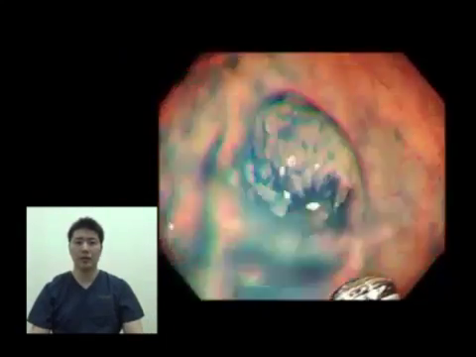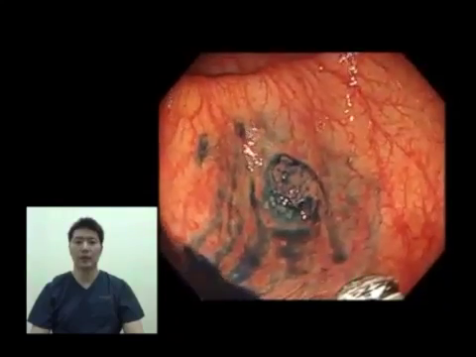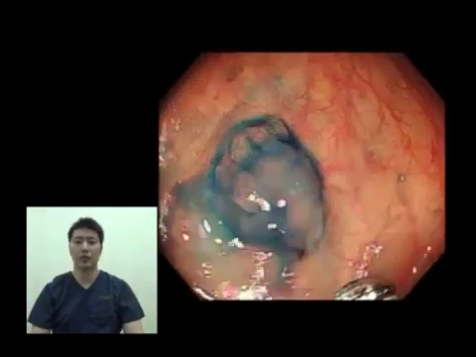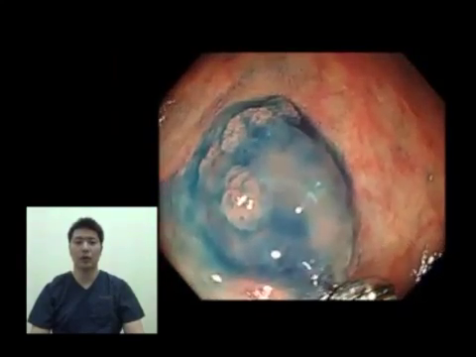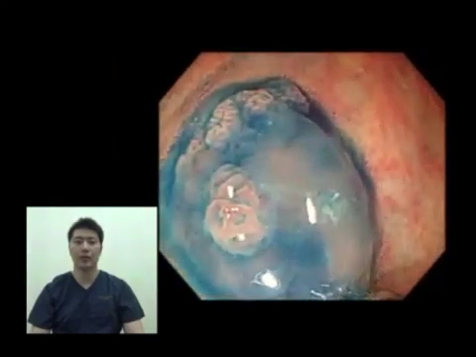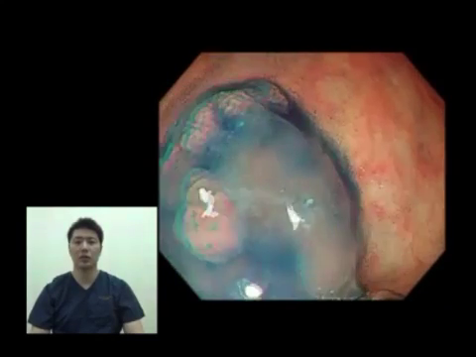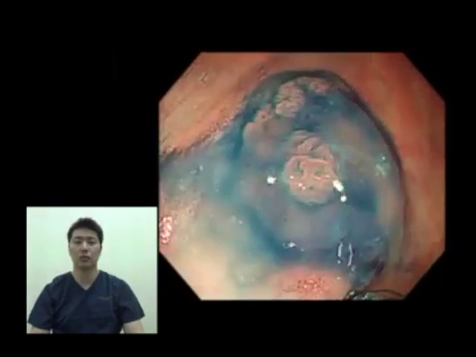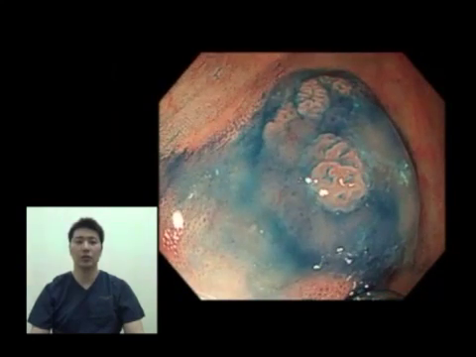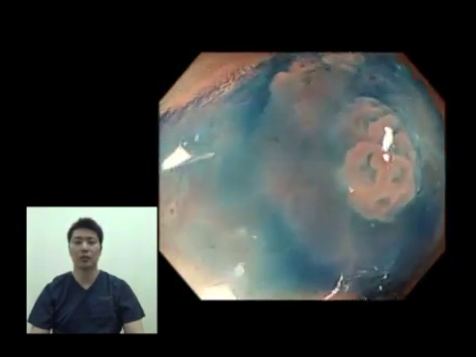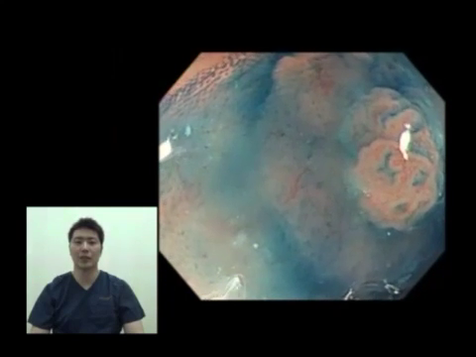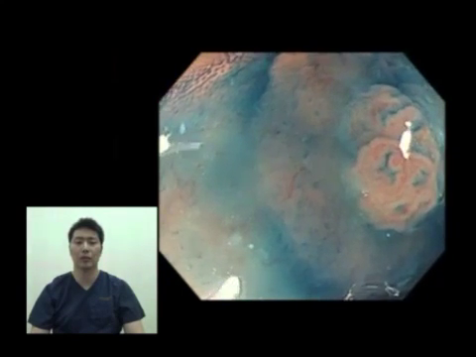If we find a lesion suspected to be an SSAP by observation using white light, we usually spray 0.2% indigo carmine dye on the lesion without washing the lesion with water. We do this because removal of mucus from crypts results in the disappearance of the type 2 open pit pattern.